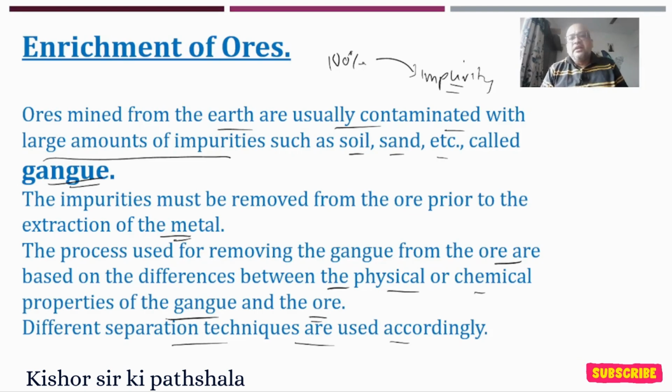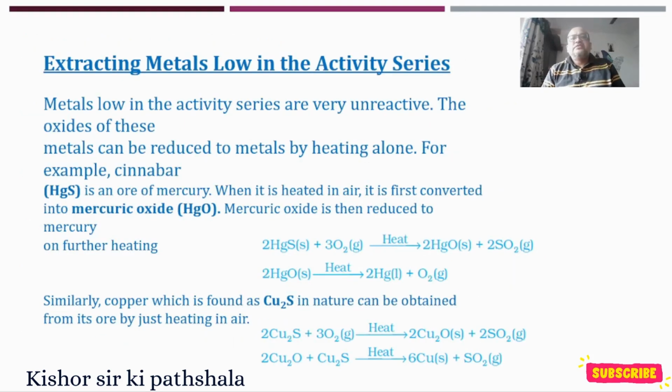For example, there is the magnetic separation method, and gravity is also used to separate the gangue. After separating the gangue, we go further to extract the metals. Now let's see, once the gangue is removed, how this extraction takes place.